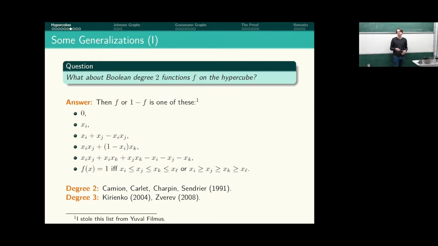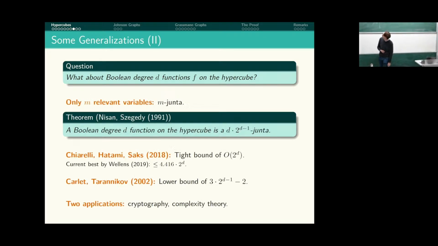Okay, so what about general degree D? You can say that whenever you limit your Boolean degree D functions on the hypercube to a certain degree, it does not matter how large your hypercube is, it only depends on a constant number of coordinates.